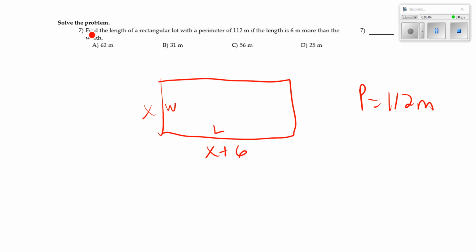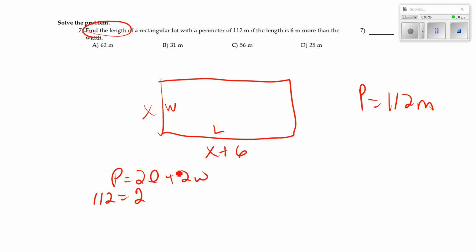And the question says find the length. So be careful. When you find x, you haven't found your answer. They want you to find the length. The perimeter of a rectangle, if you don't know, is 2 times the length plus 2 times the width. For this particular problem, I know that the perimeter is 112.